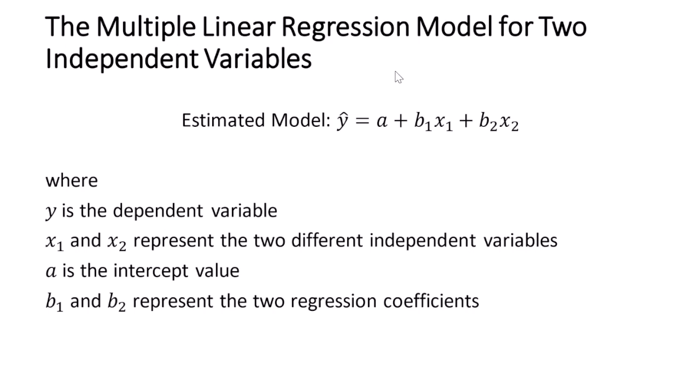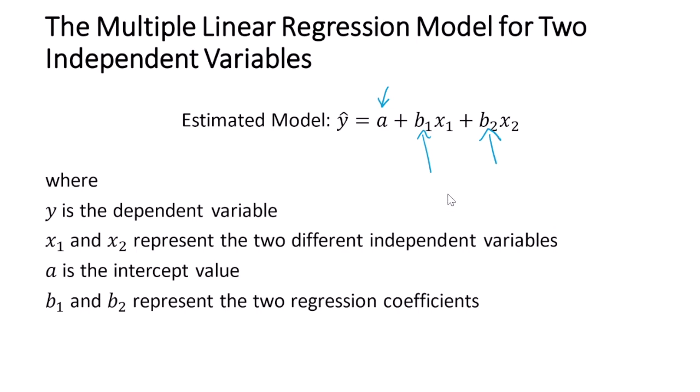So again, the estimated multiple linear regression model for two independent variables is written in this way: y hat equals a plus b1 x1 plus b2 x2, where y is the dependent variable, x1 and x2 represent the independent variables, a over here is the intercept, and b1 and b2 represent the two regression coefficients.